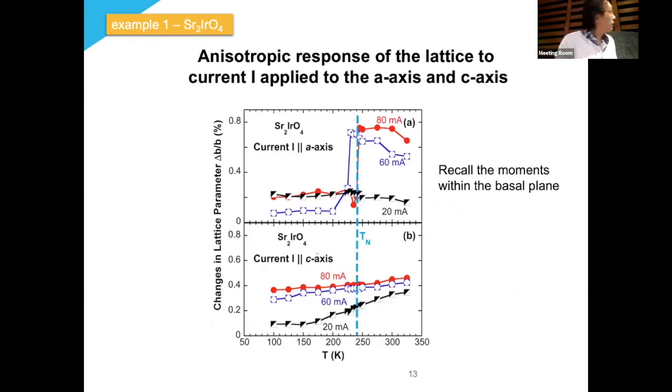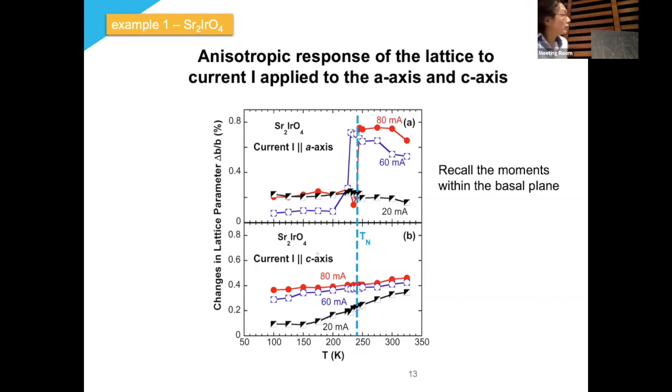We want to make sure everything is right, so we also did more current measurements. This time we made sure that current is applied along the A-axis, and then we measured the A-axis expansion. This is what happens: the expansion happens around 240 Kelvin.